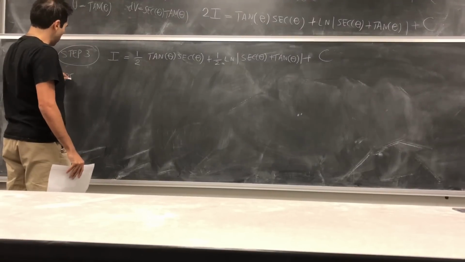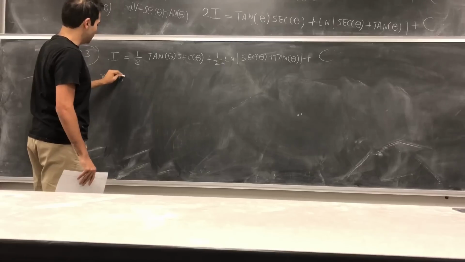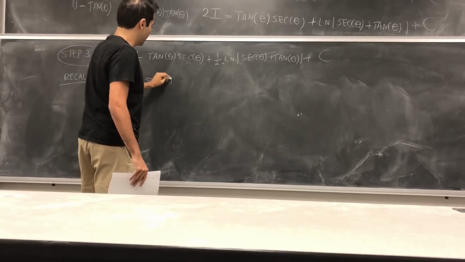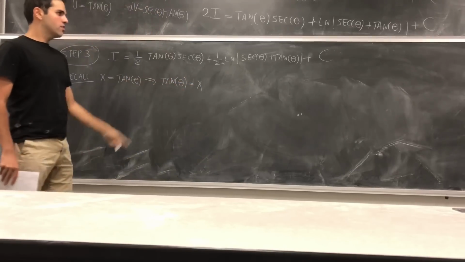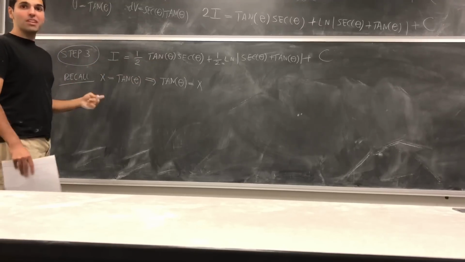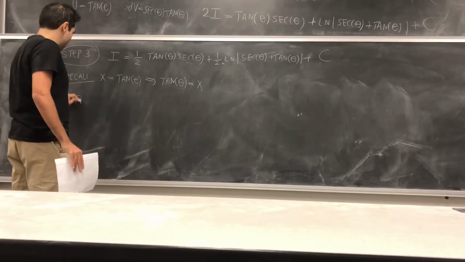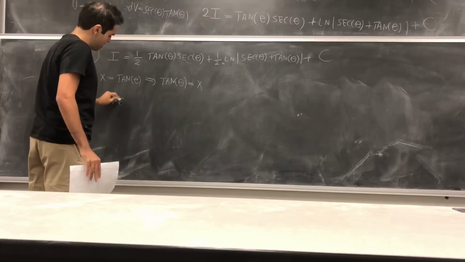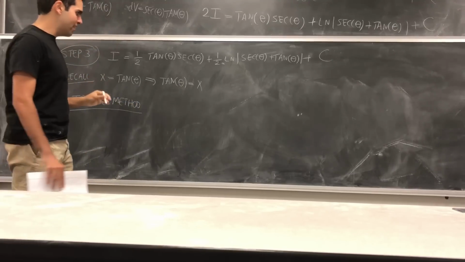But recall, what is x? x equals tangent of theta. Which means that tangent of theta equals x. So that's the first thing. We can replace tangent by x. What about secant? For this, we have to use the triangle method. What does the triangle method say?